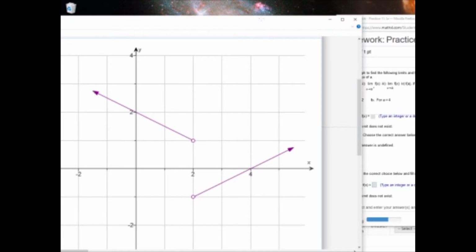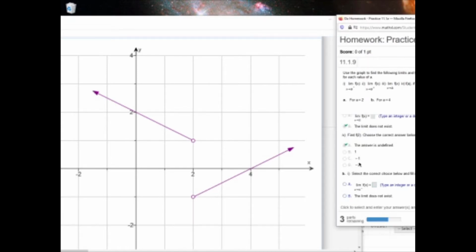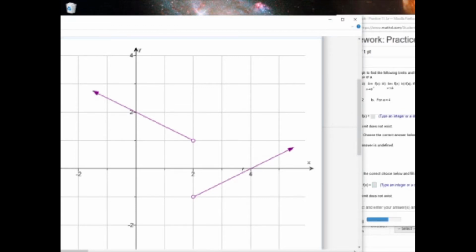I got you, MyMathLab. So 4 minus, approaching 4 from the left. So here's 4. We approach 4 from the left. What height will we be at?